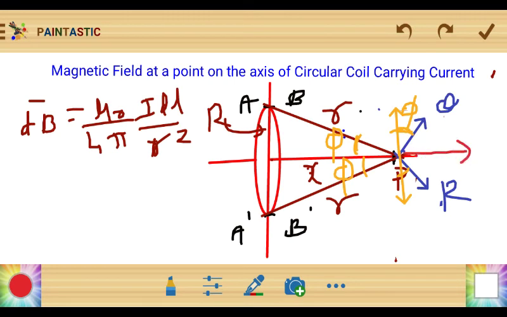Okay, these are phi, so the horizontal component will be dB cos phi. Remember, the horizontal component here is also dB dash cos phi.